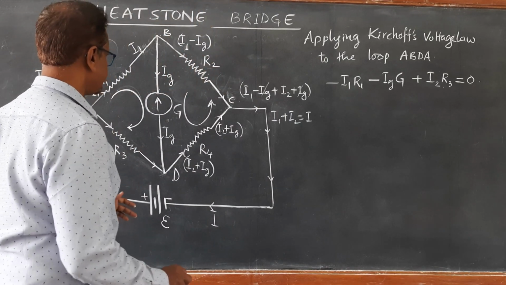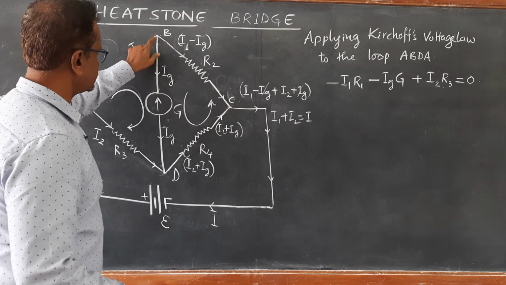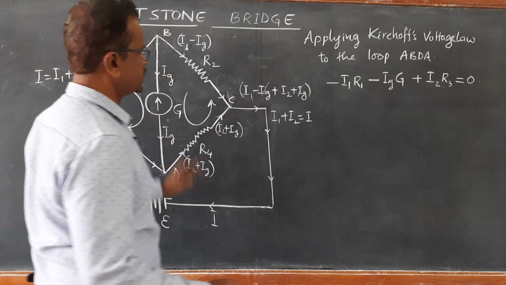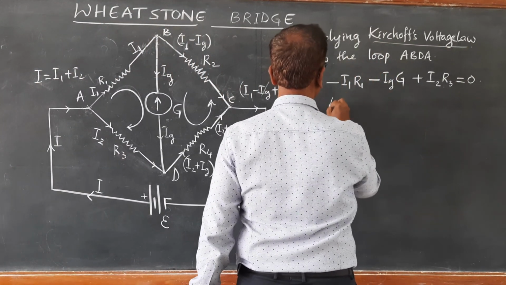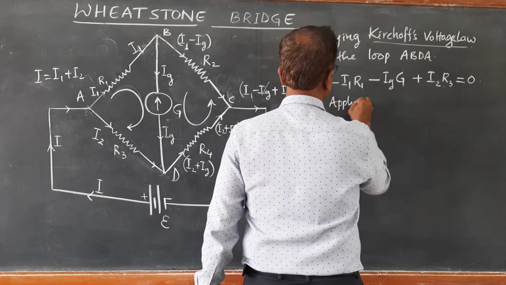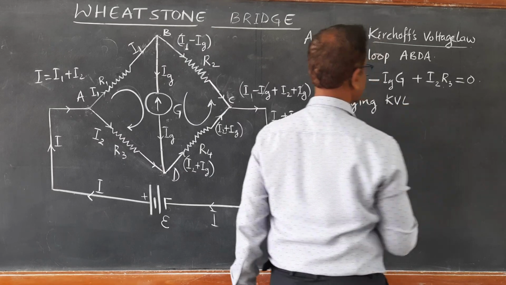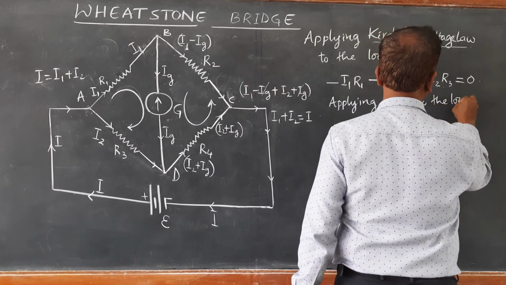Now similarly, I am applying another rule. I am choosing another loop, BDCB, applying KVL, Kirchhoff's voltage law, to the loop.